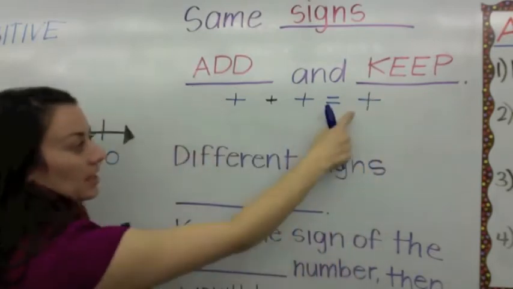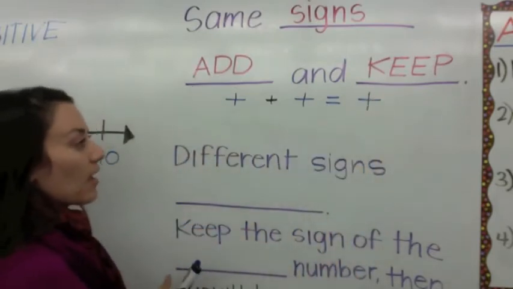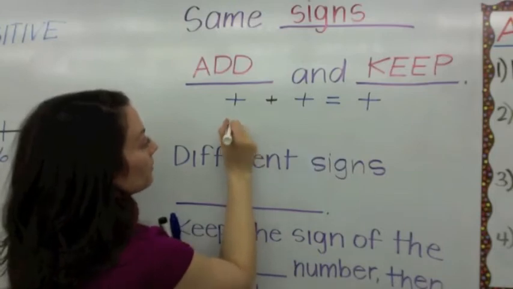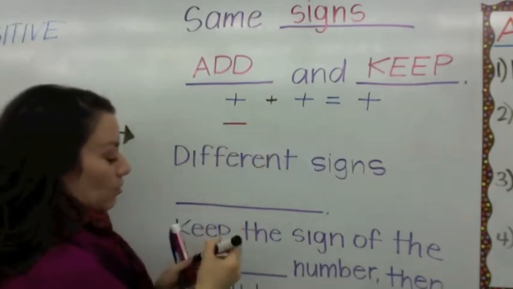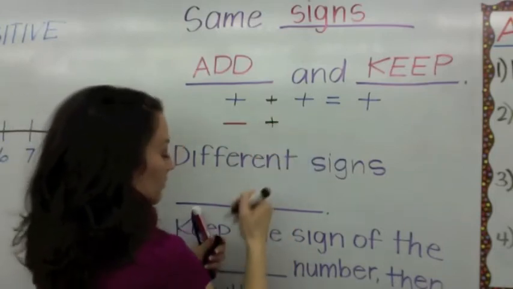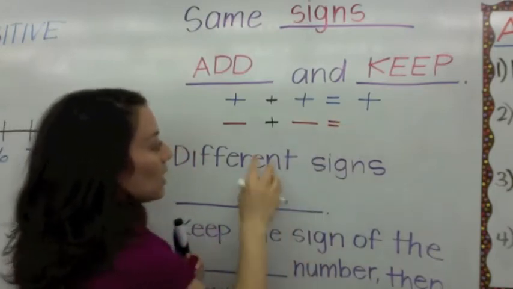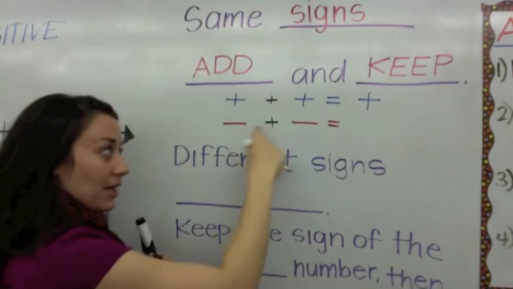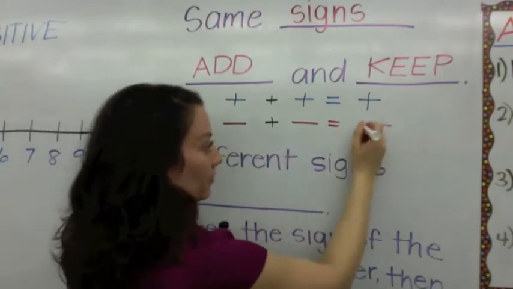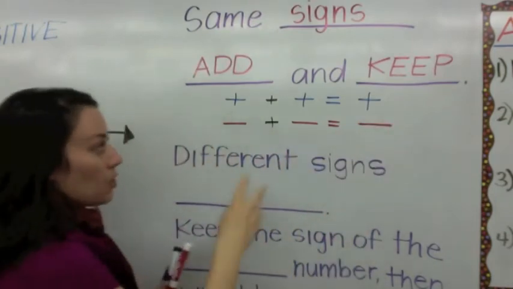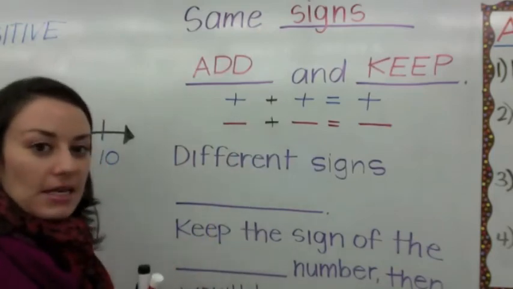Same signs, add and keep. If you're adding negative integers, then the sign that you're going to keep is negative. Same signs, add and keep.